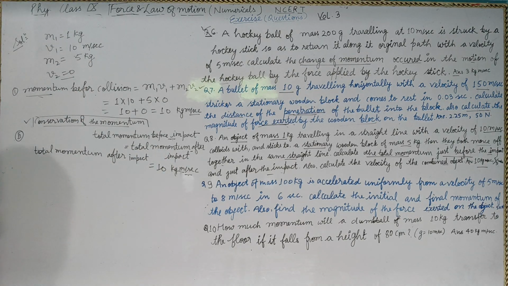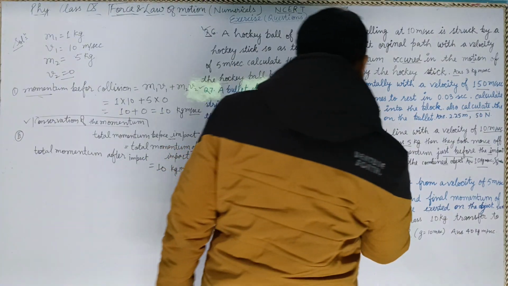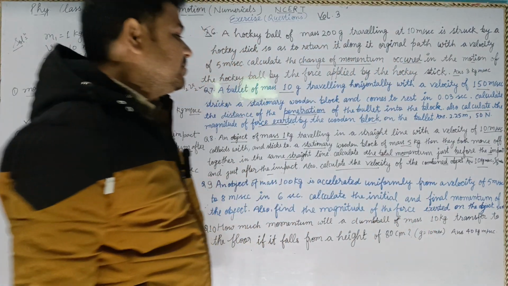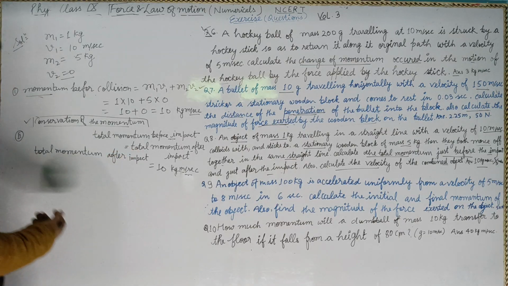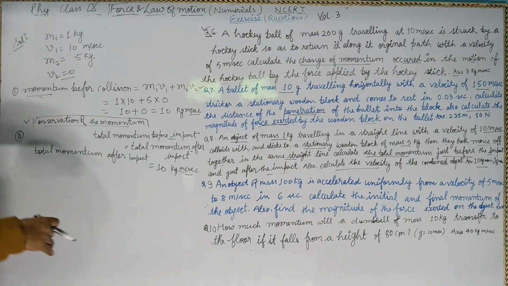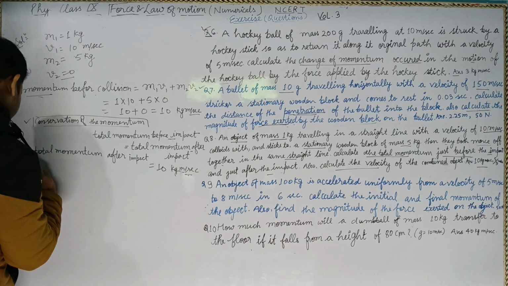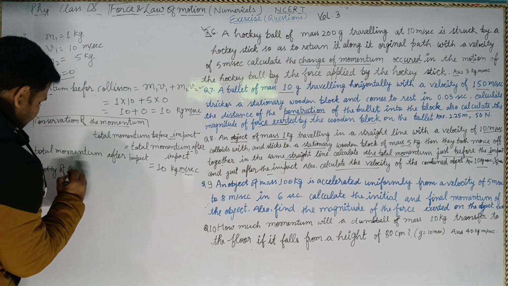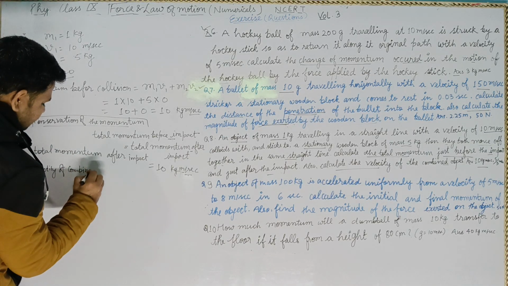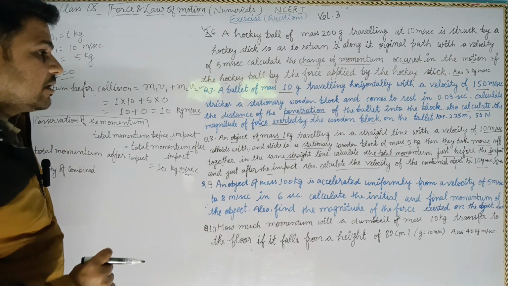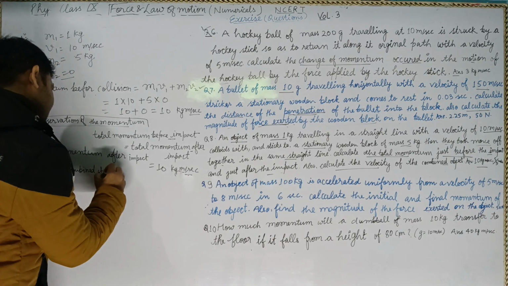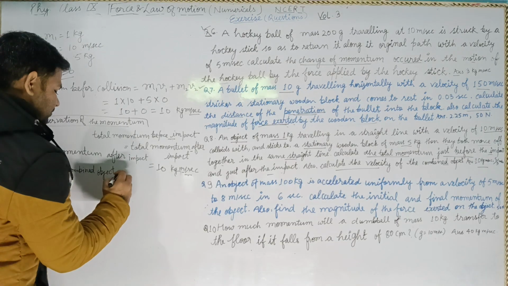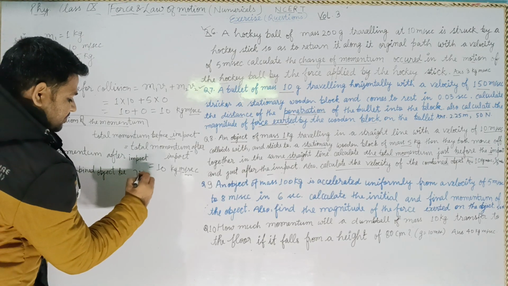But we have also to calculate the velocity of the combined object. We consider the velocity of the combined object to be v meter per second.